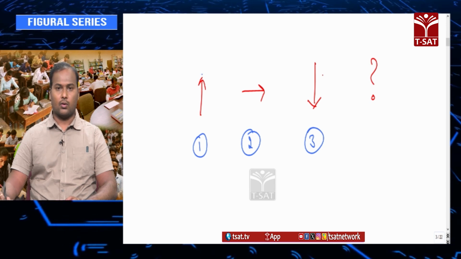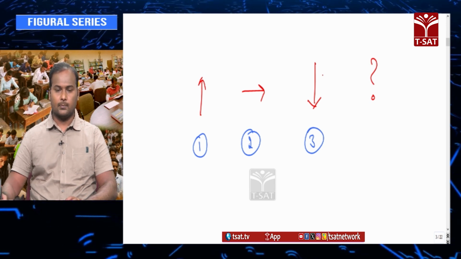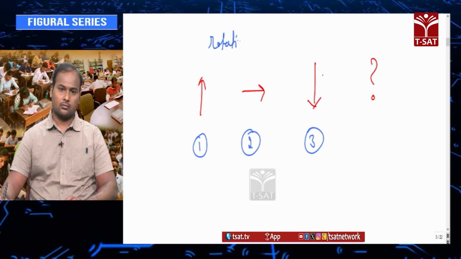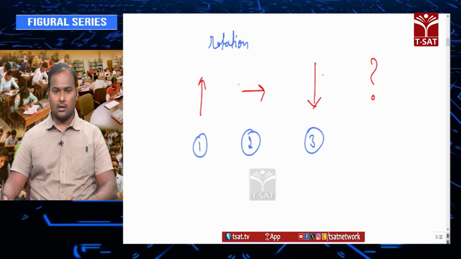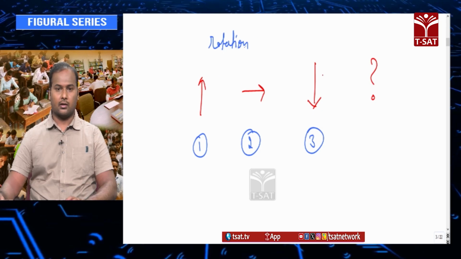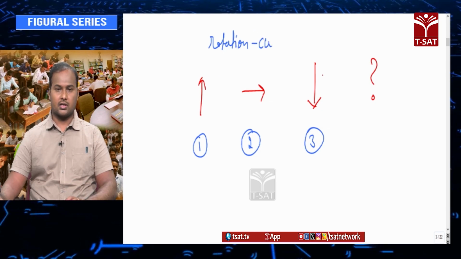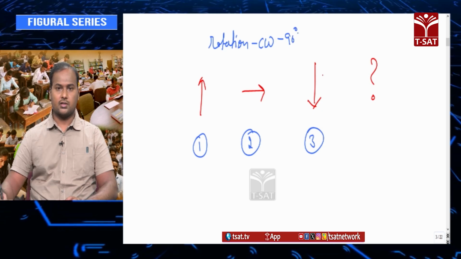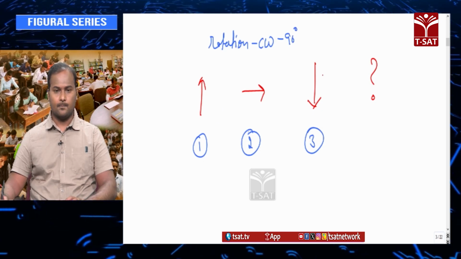What is the change I can observe from 1 to 2? The change is rotation, whether clockwise or anti-clockwise. In this case, it is rotating clockwise, by 90 degrees.